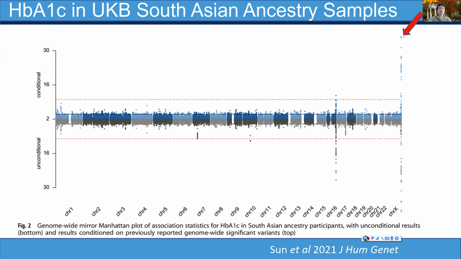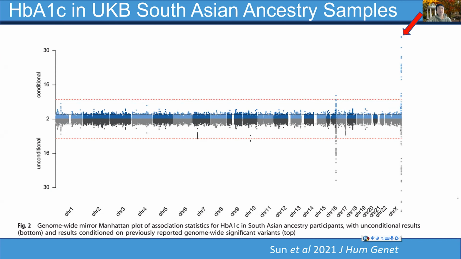So the signal is very likely to be true, and pointing to G6PD is quite plausible because it is known that hemoglobin A1C measurement is affected through erythrocytic means, so through red blood cells. Yes, we know hemoglobin A1C, as the name suggests, is hemoglobin.